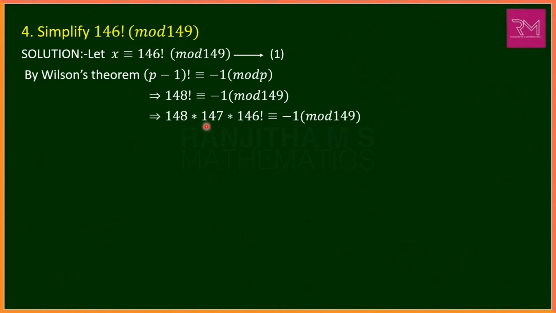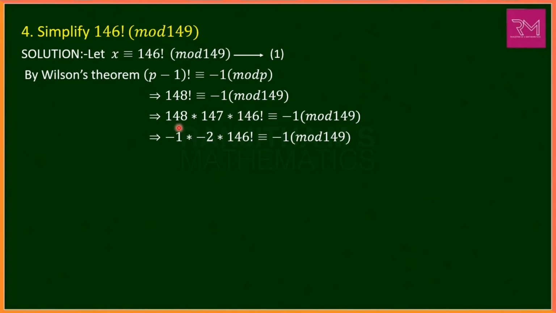Here 148 is also a bigger number, 147 is also a bigger number. So we can write this as, here 148 is congruent to minus 1 under modulo 149. In a similar way, 147 is congruent to minus 2 under modulo 149, because 148 congruent to minus 1 under modulo 149 implies 149 divides 148 plus 1. Therefore, we get 149 divides 149, which is satisfied.